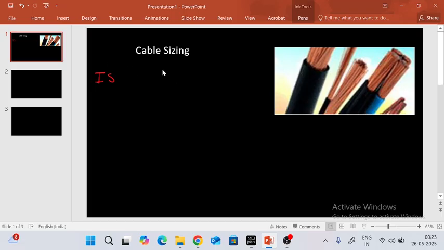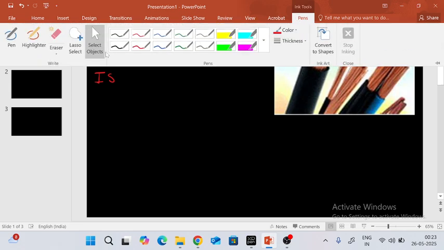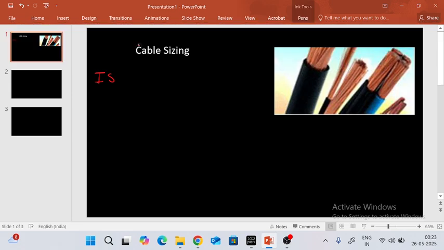When there is current in the cable, there is heating, and this heating is not good for the current ampacity. If there is more heating, the cable ampacity degrades.